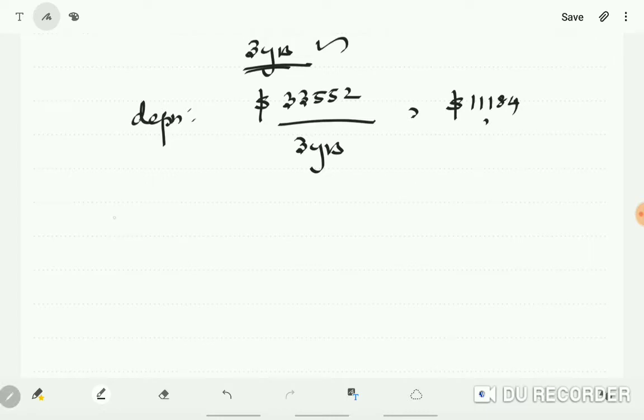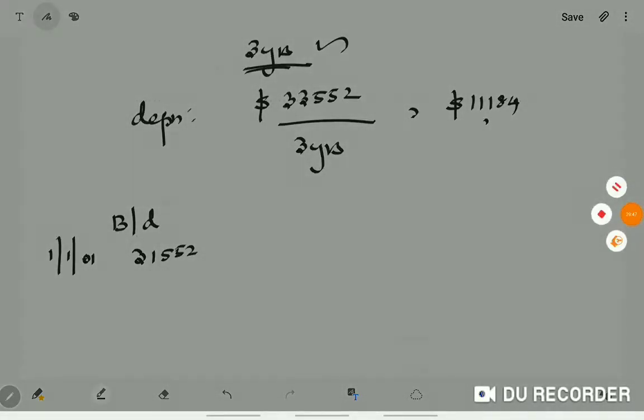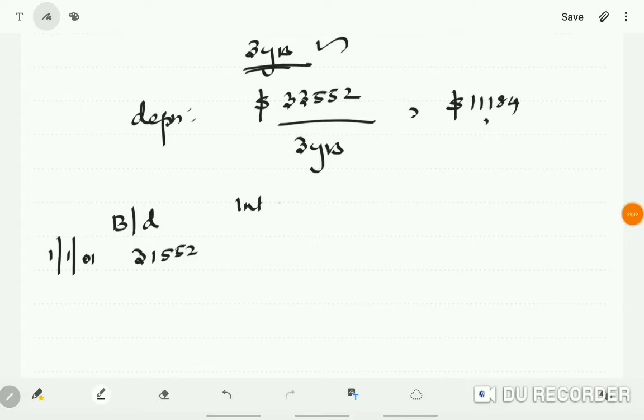First you take the opening balance of the lease liability on January 1, that was 31,552. Then interest at 5%, whatever payment the lessee will make, and then the closing balance. Interest of 5% on the opening balance of 31,552 will be 1,578.